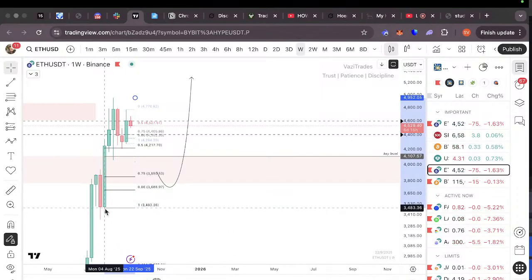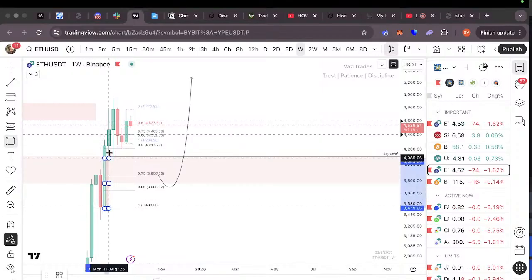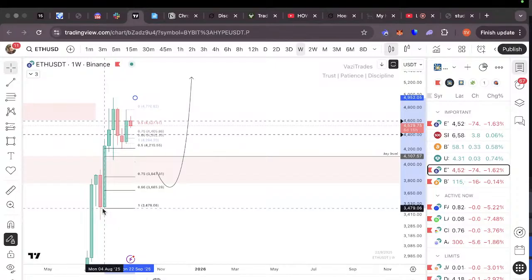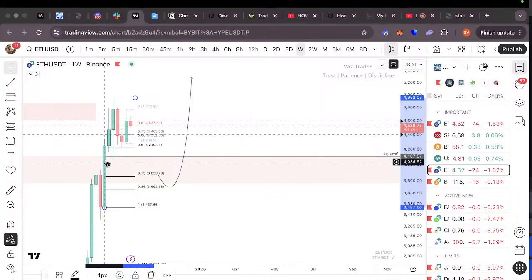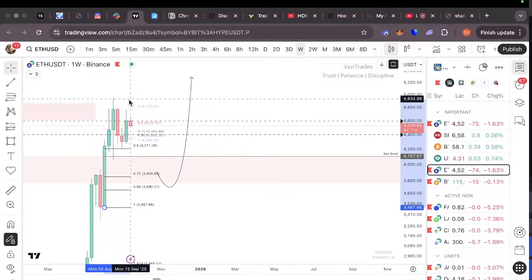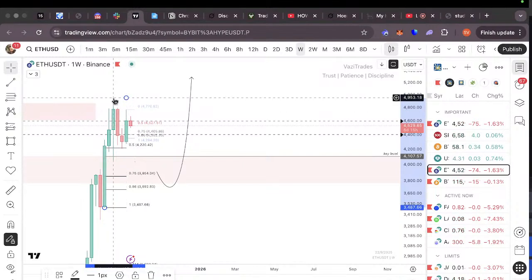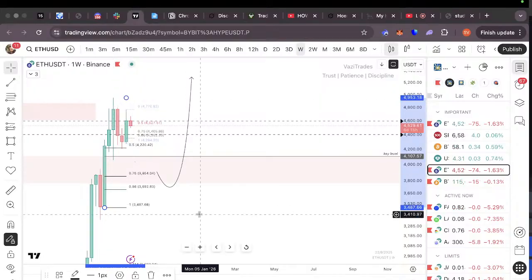Yeah, so we have this green candle, and I took all this bullish move, and I put number 1 exactly on this bullish candle, and the top on this one where it made a new all-time high, and I put these Fibs.